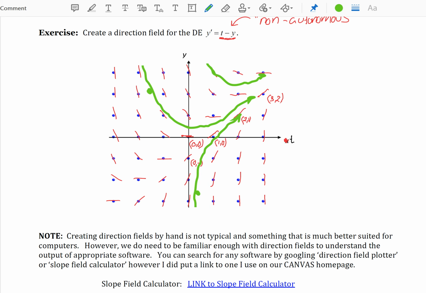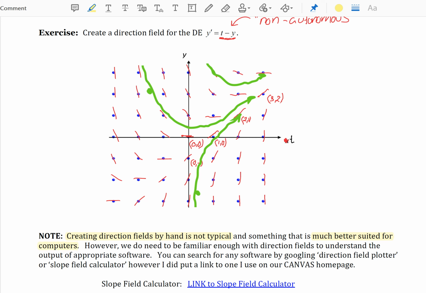Okay. Note, creating direction fields by hand is not typically done. Nobody does this. We are doing it today just for instruction so you can see how direction fields are created, but creating a direction field is much better suited for computers.